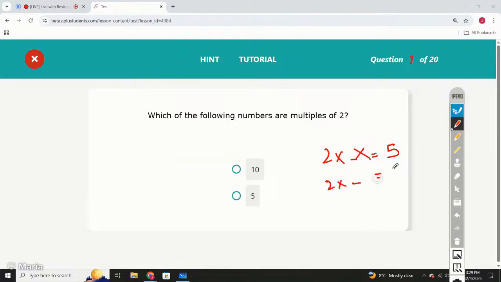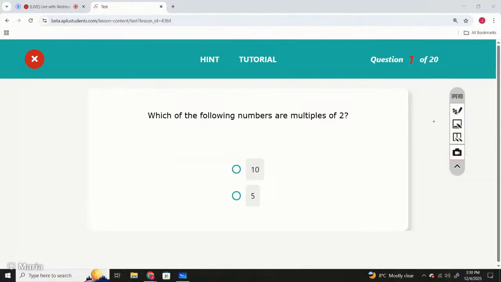But 2 times 5 is 10, so the correct option is 5. Option number 2 is the correct option.